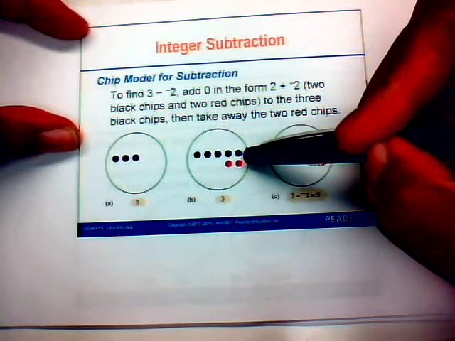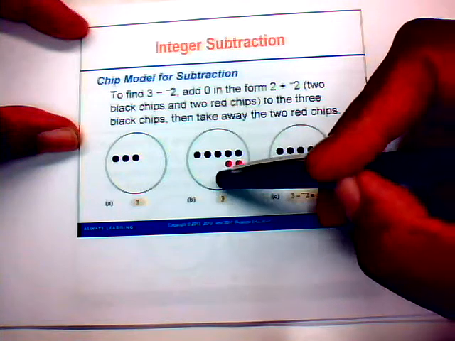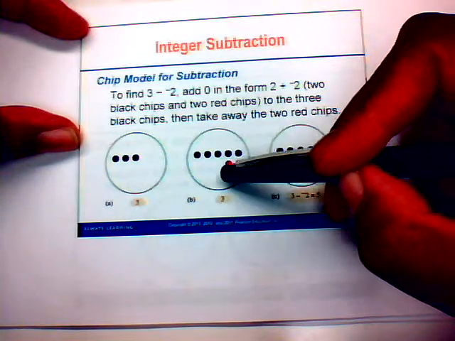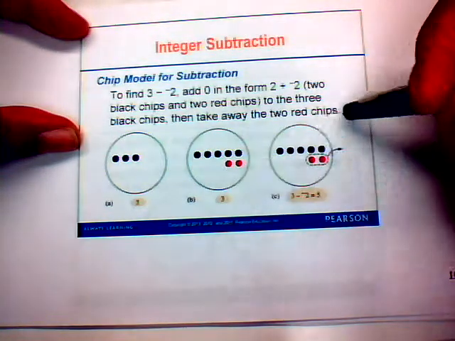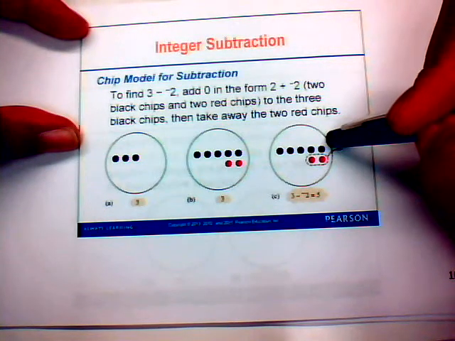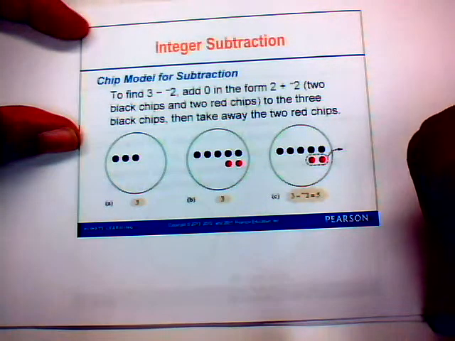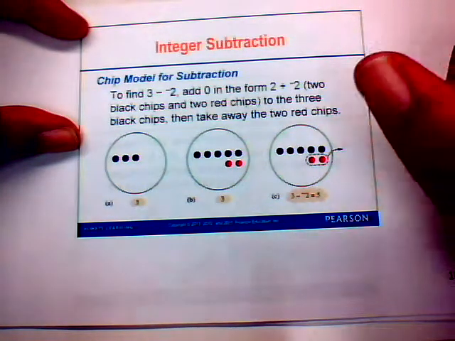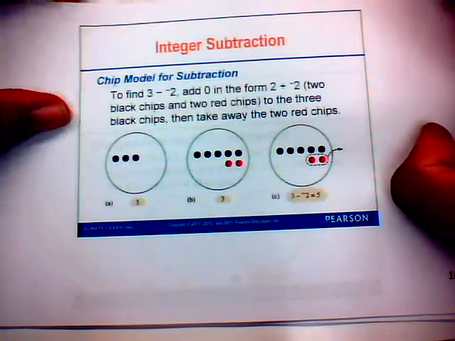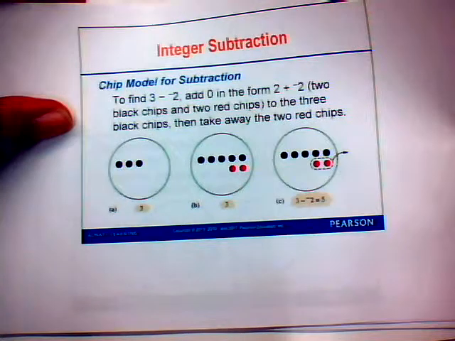In this case, 2 black chips and 2 red chips. Now I can take away these 2 red chips out of this circle. And when I do that, I'm left with 5 black chips. So that gives me the answer of 3 minus a negative 2, which is 5. So this is the physical representation of using a chip model to subtract integers.